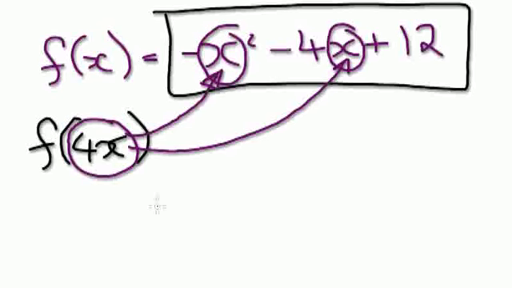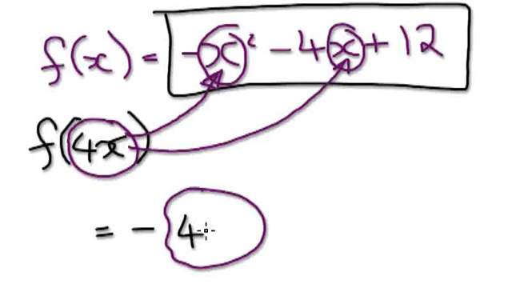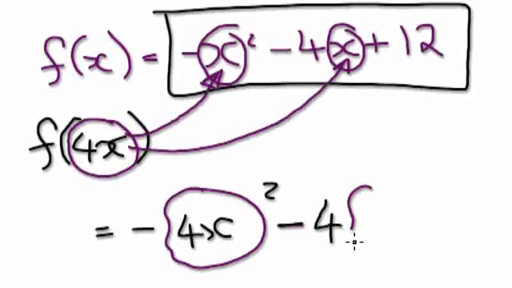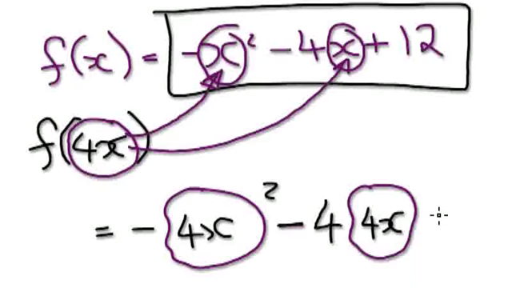So your new equation will be minus 4x squared, minus 4 times 4x, and then you've got your 12 at the end.